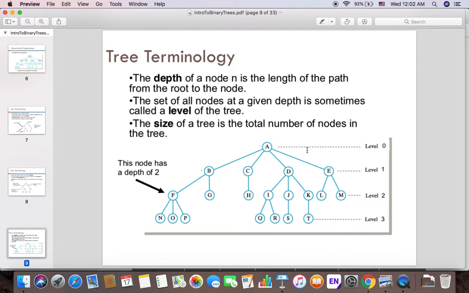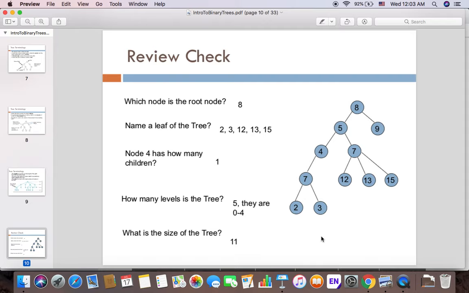We have on the very top level 0 for the root node, then we have levels 1, 2 and 3, and there is a formula to find the levels of a tree rather than just counting or looking at the picture. But I wanted to explain to you guys more about the different terminologies, and later on we may cover those formulas as well. So here I have one slide for you guys where you can pause the video and go and fit those terminologies that I explained about the tree, like node, root, parent, ancestor, and the different levels of a tree.